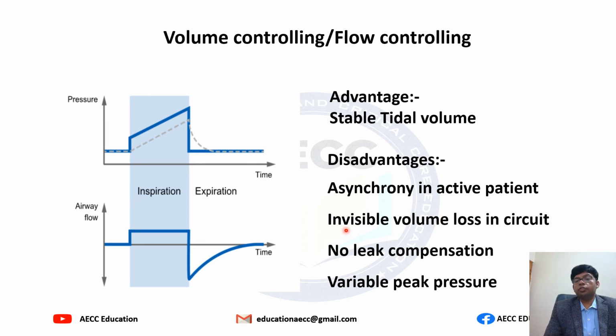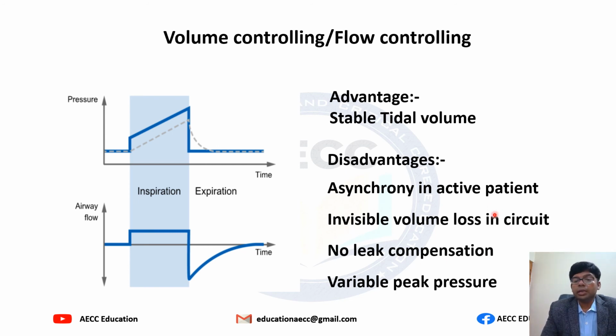There is invisible volume loss in the circuit due to the circuit compression. If we set 500 ml of tidal volume, then it will deliver only 450 ml. There is a loss of 50 ml of tidal volume in the circuit because of the compression mechanism.